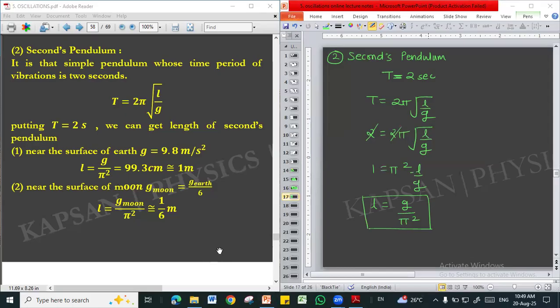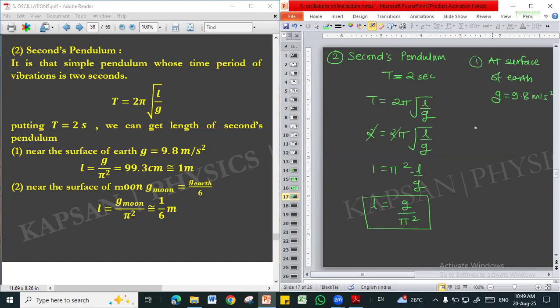क्रिश समजलं का? हो सर. So what is the condition for pendulum to become seconds pendulum? G by pi square. Now you can have different values of acceleration due to gravity at different places. So let's say you are at the surface of the earth. So at surface of earth, you can have G equal to 9.8 meter per second square.